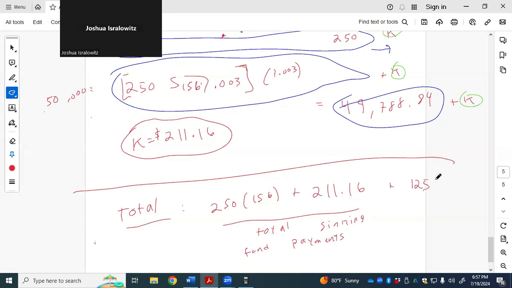So they have 157 payments of interest. 0.036 over 12, that's 0.03 over 12, is my actual monthly interest rate.